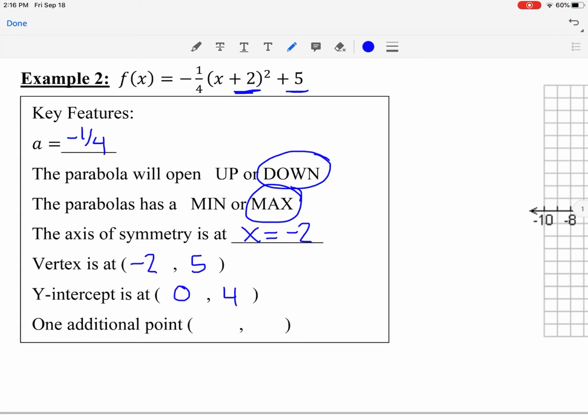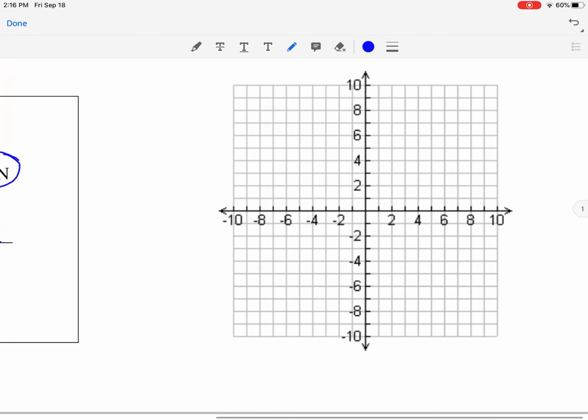And let's graph so we can find our additional point. So I do my axis of symmetry first, which is at -2. So I run my dashed line down here. The vertex was at -2, 5. So starting here, the maximum is going to be there. The y-intercept is at 0, 4.